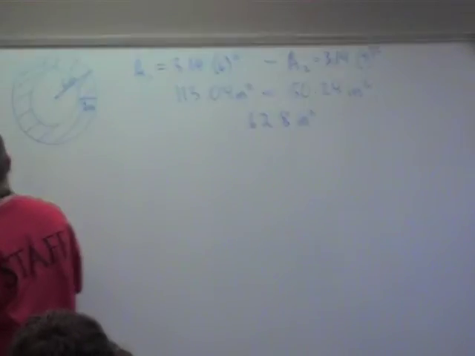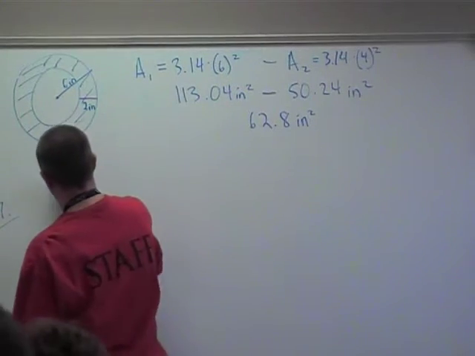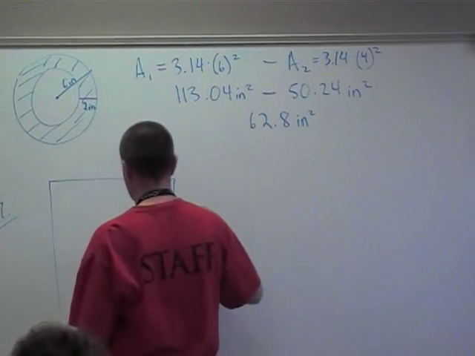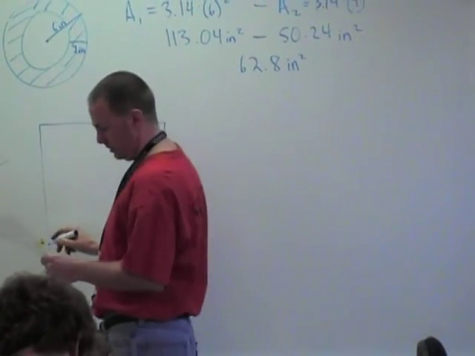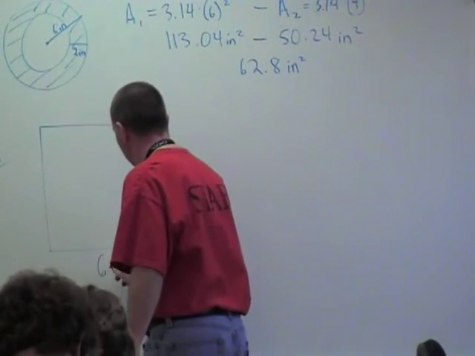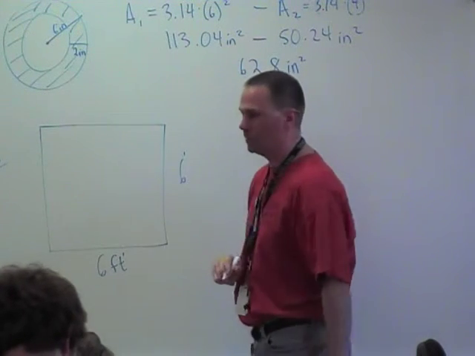Example 7. You have a square, and it is a 6 foot by 6 foot square.